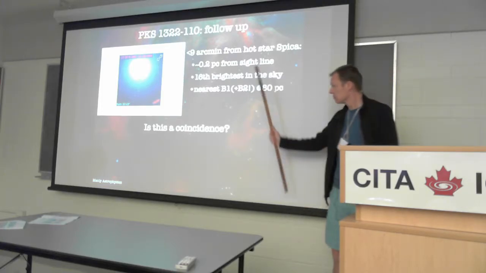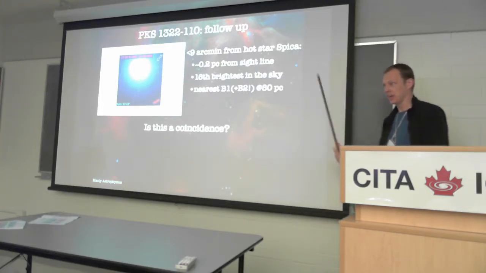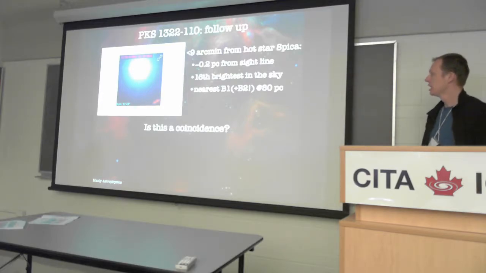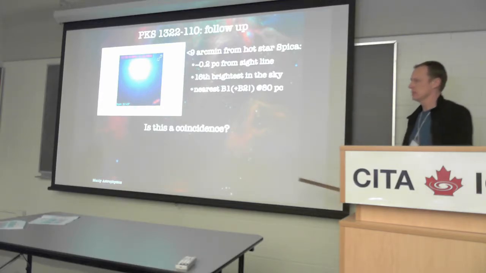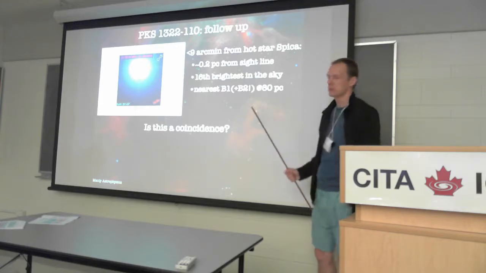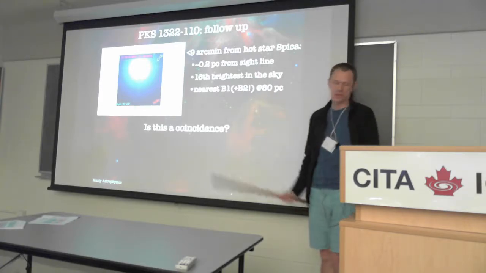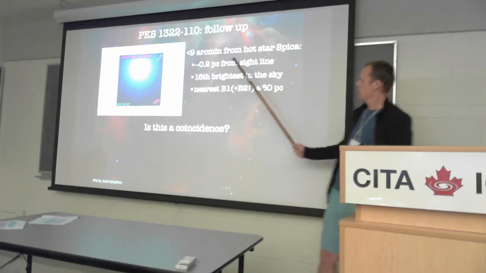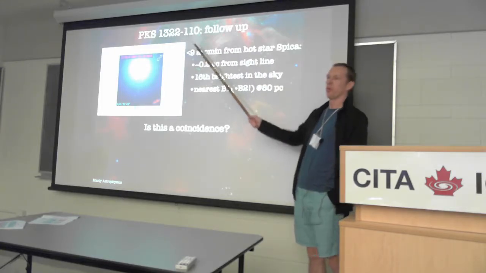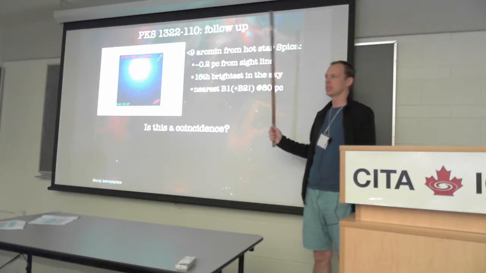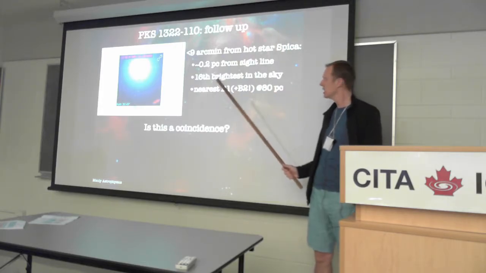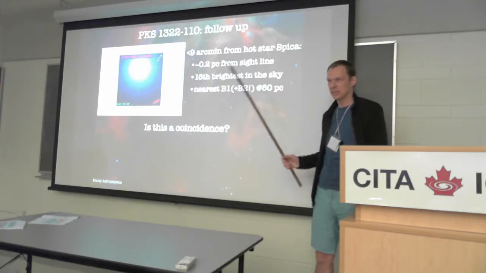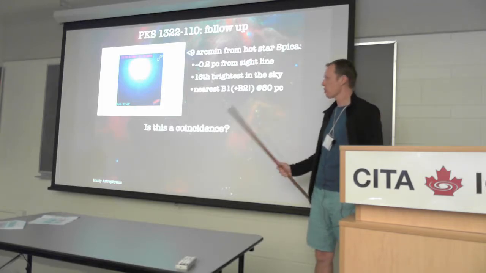It's, by the way, the 16th brightest star on the sky, and it's just 0.2% from the line of sight to that quasar. Basically, there are only about 4 IDVs this extreme known, so they are extremely rare objects.